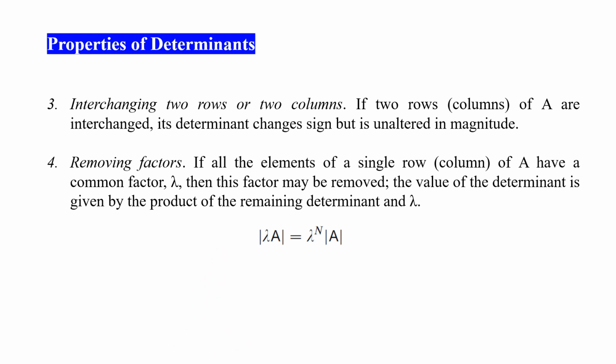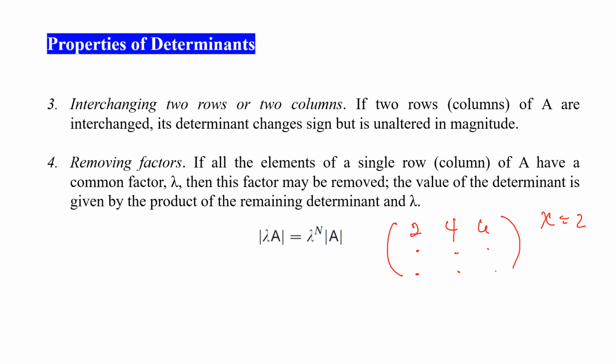Like say for example, if you have your first row, let's just have your first row that's 2, 4, and 6. Then the rest is dot, dot, dot. As you can see, all the elements of the first row have a common factor lambda, which is equal to 2, right?